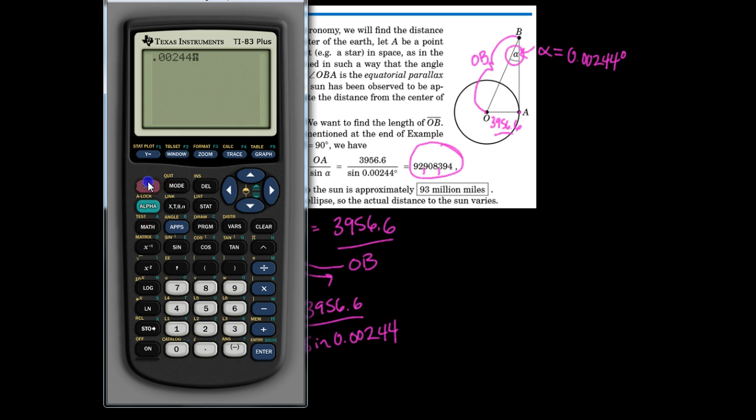Then I hit second and I select the apps button, which is the angle, and I want to convert that to degree, minute, seconds. If I hit enter and then enter, that tells me that we have basically 8.784 seconds, okay?